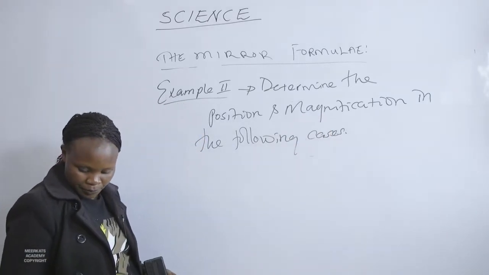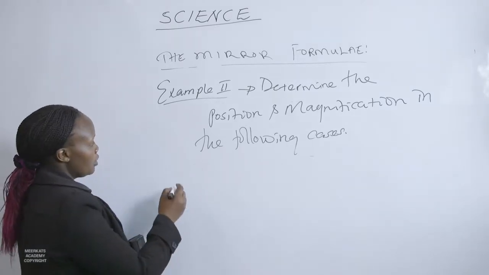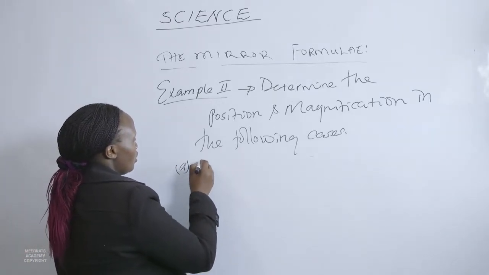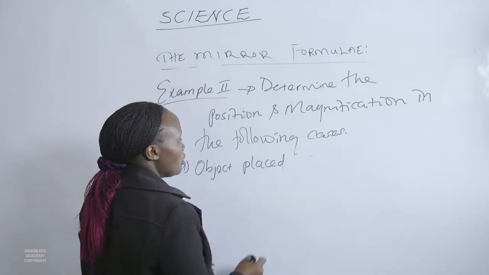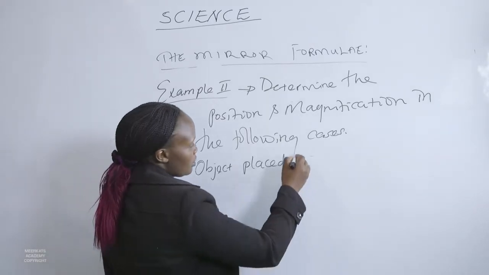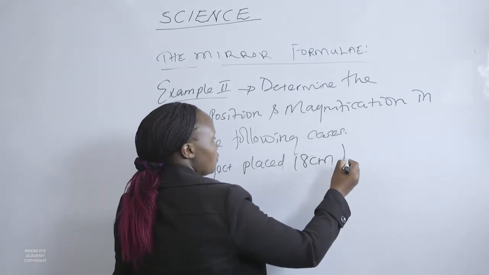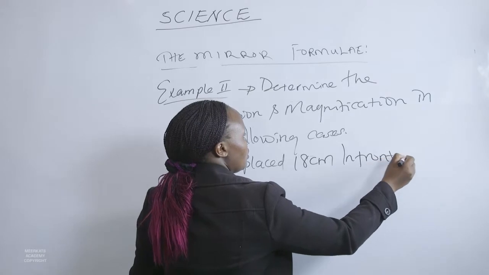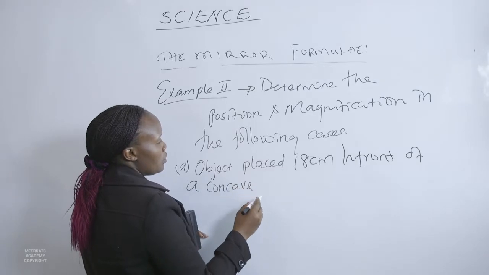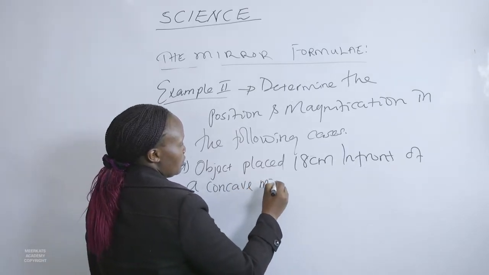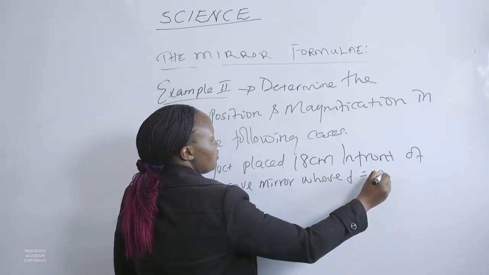Number 1, an object placed 18 centimeters in front of a concave mirror whose F is 12 centimeters.